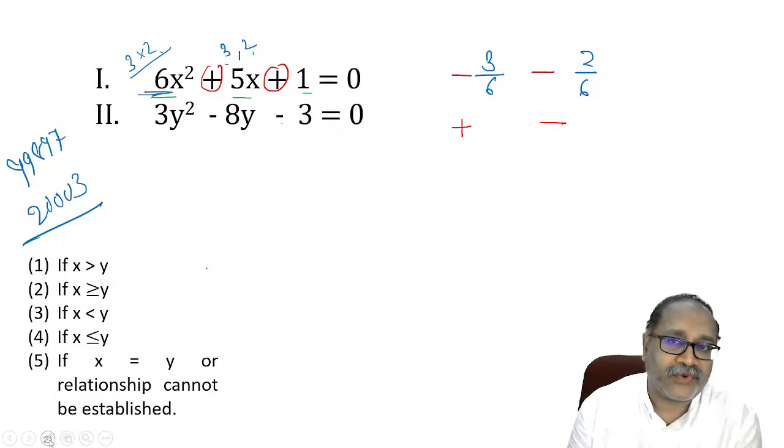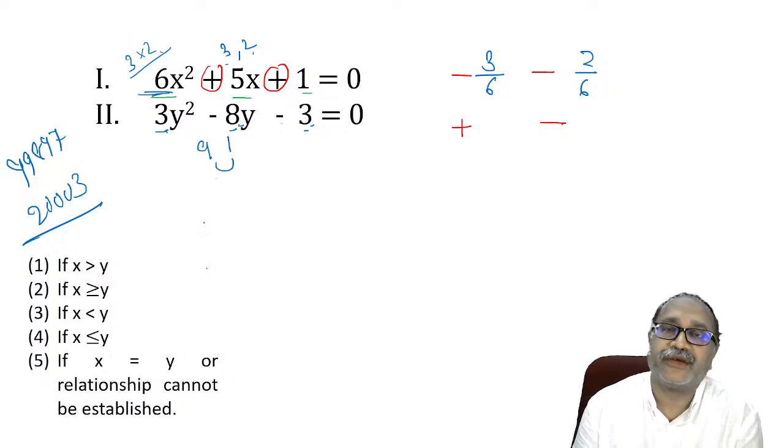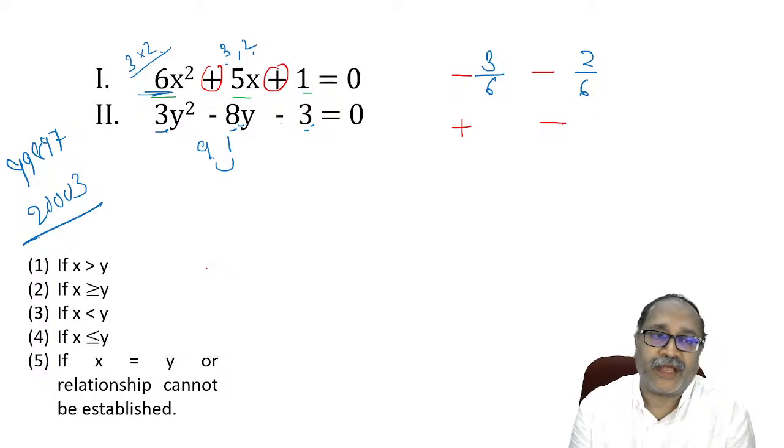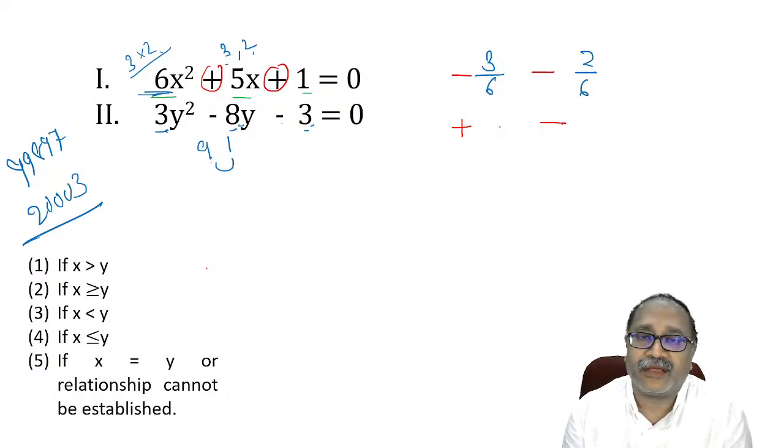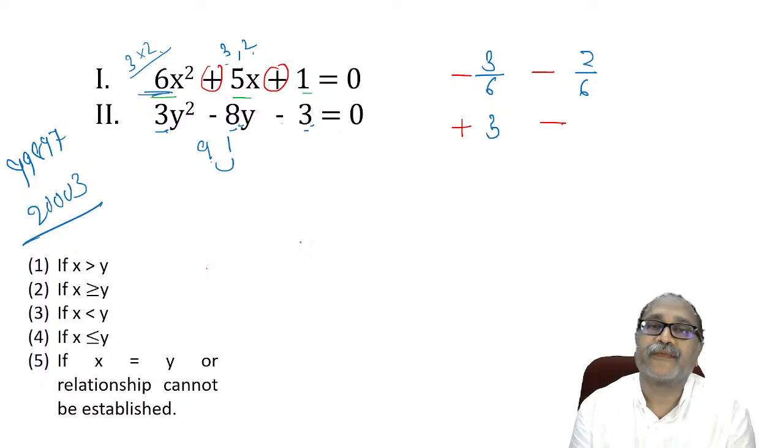Now coming to the next one, here that's 8, and here it is 3. Did you notice that 3 into 3 is 9, and 9 minus 1, the difference is 8. So the first number should be the bigger number, that is 9 by 3, and 9 by 3 is 3. And the next one is 1 by 3.